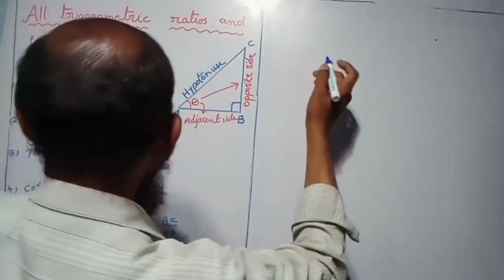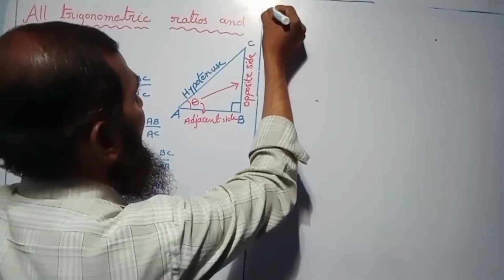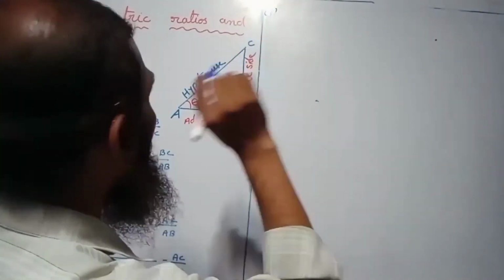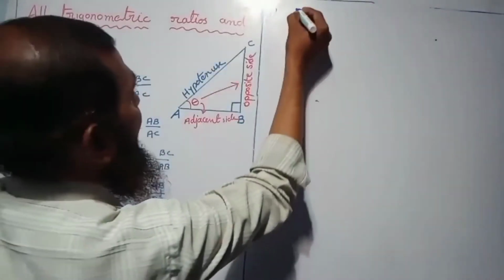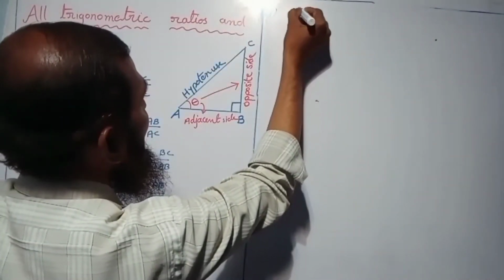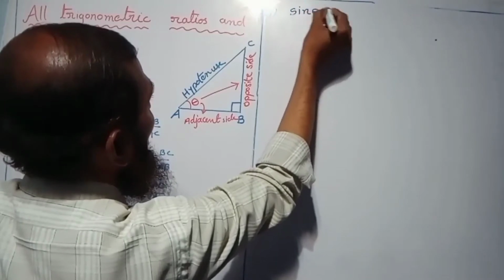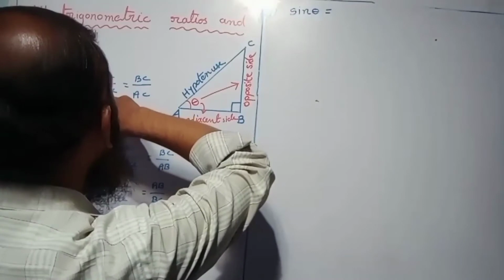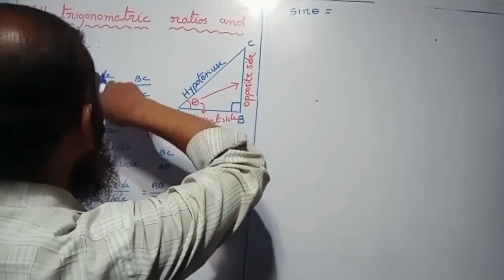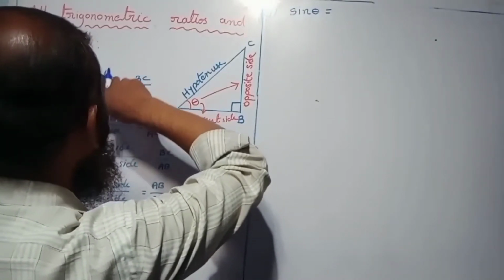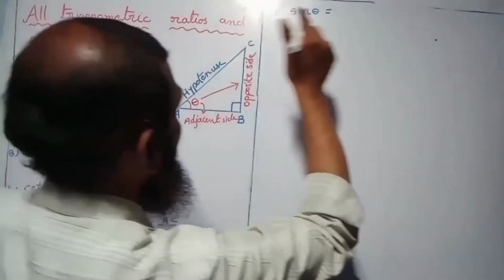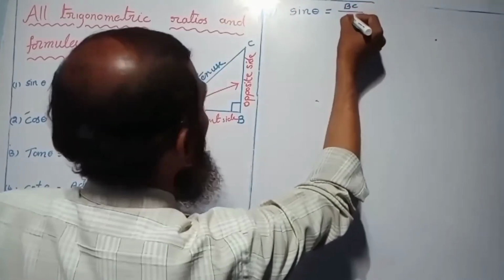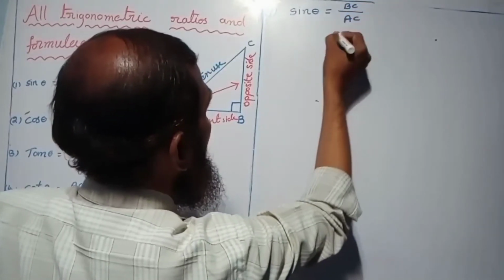Okay. Now come to the seventh formula. See here, sin theta. We know that sin theta means opposite side by hypotenuse, which means BC by AC.